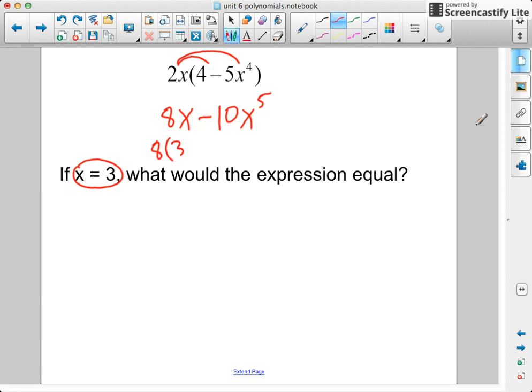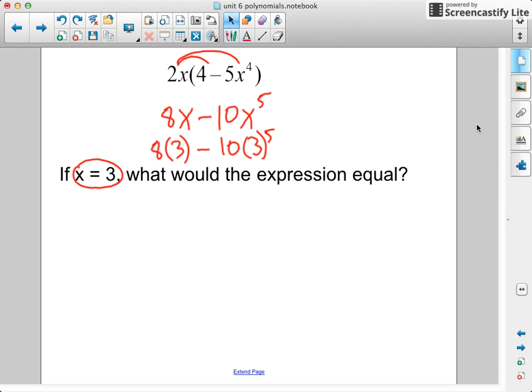So 8 times 3 minus 10 times 3 to the exponent 5. Make sure you do order of operations when you get to this. So you need to do 3 exponent 5 first. Then you can do 8 times 3 minus 10 times whatever that is. So you can use your calculator for questions like that.